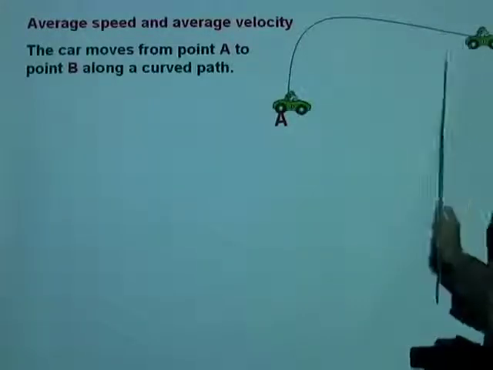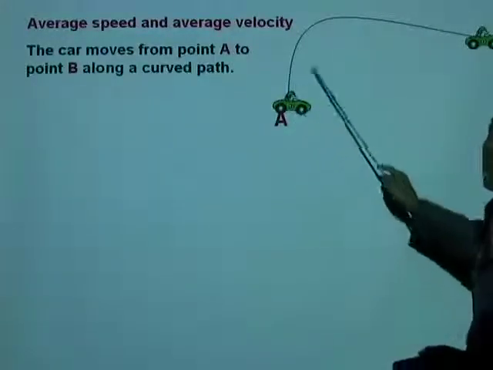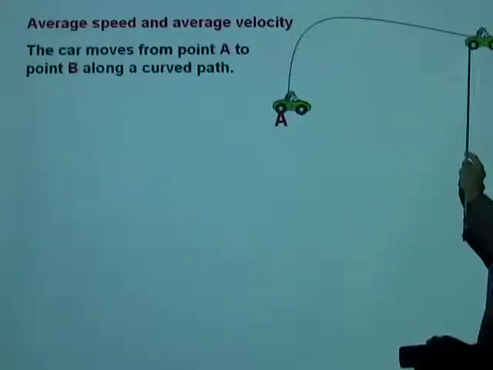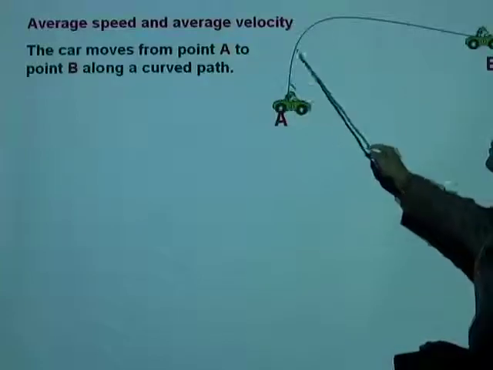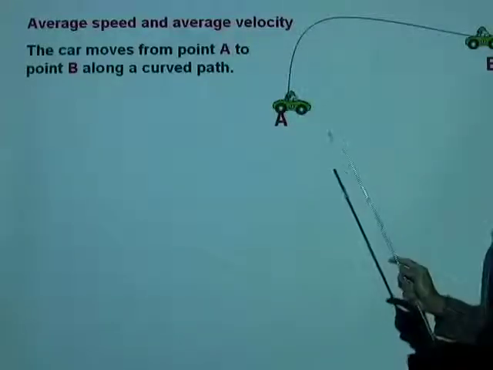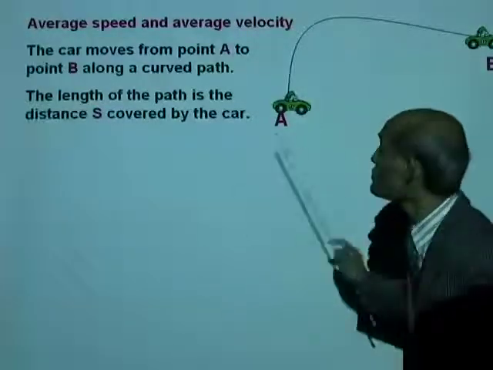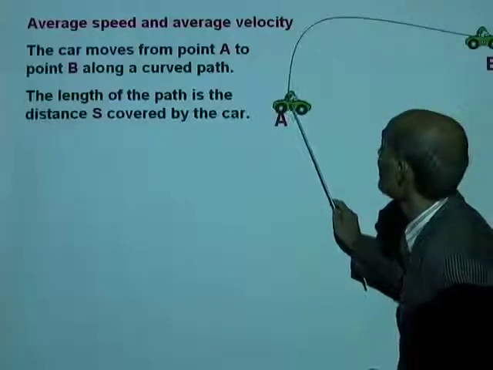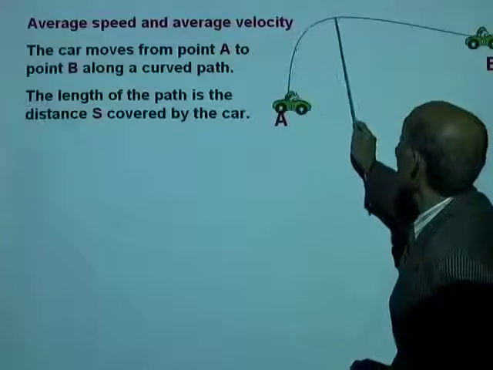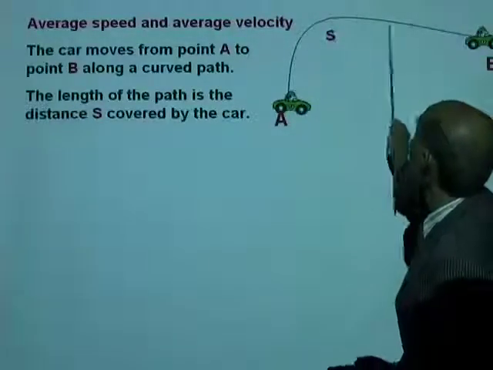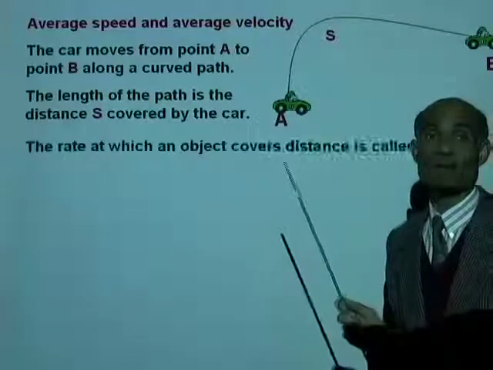Alright? The length of the path is the distance covered by the car. Look at that, the car went along this path, and so S is the distance covered by the car.